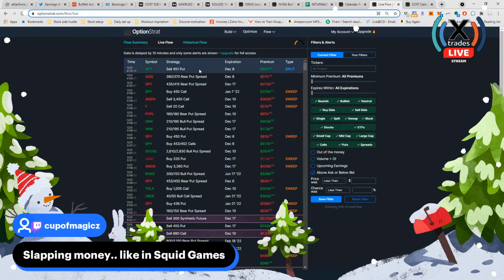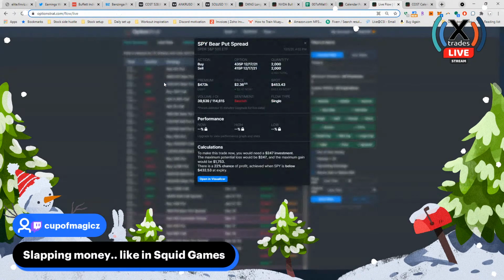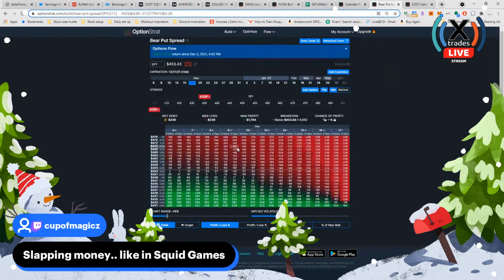So it looks like we got here on Friday. People are selling the SPY 451 put, so they don't think it's gonna break under 451. That's bullish. Wow, what is this? Bear put spread. So bear put spread is buying the 435, selling the 415. So they're looking for the drop.